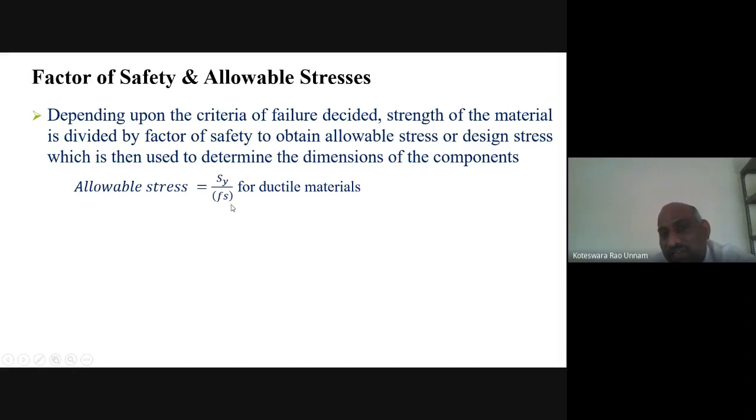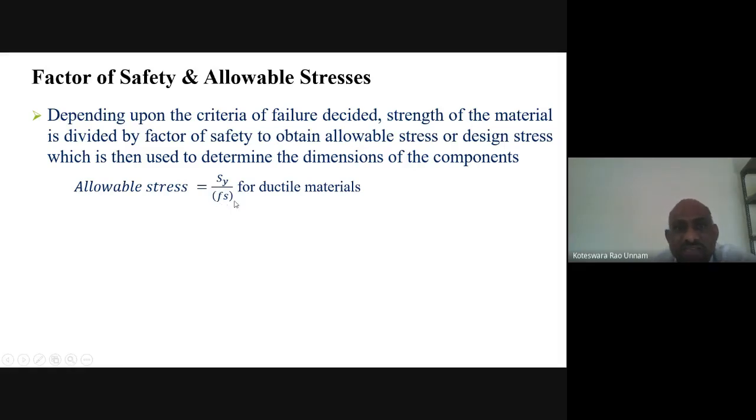That means I reduce the strength of the material to half, 0.5 SY, and the remaining half we are taking as reserve strength. We are stressing only 50% of the strength. Therefore allowable stress can be calculated as yield strength divided by the factor of safety.